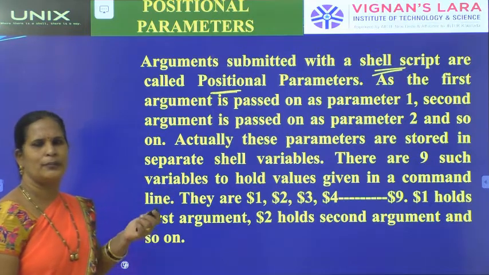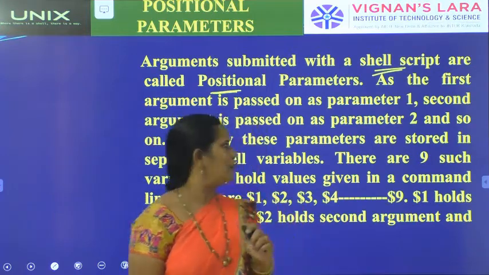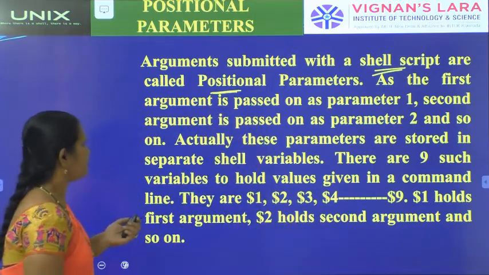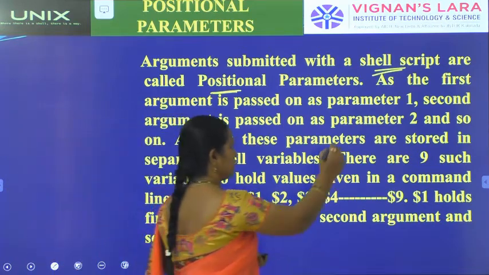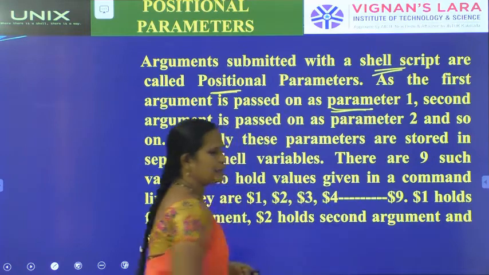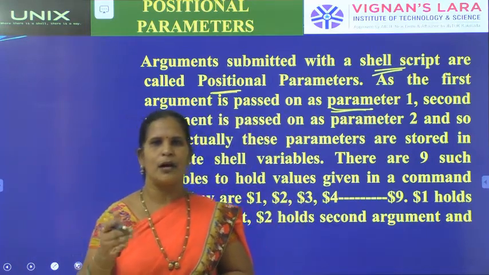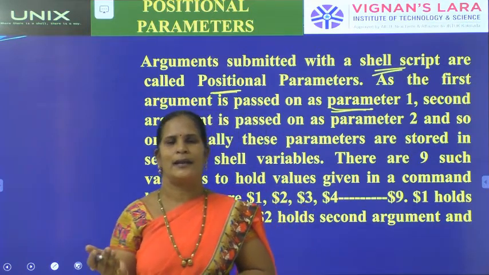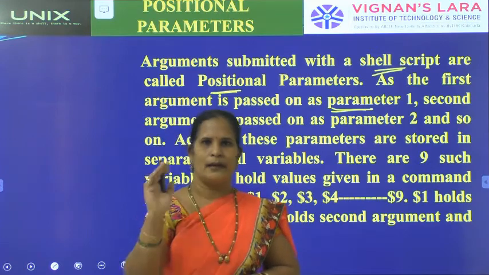One of the very important topics in the third unit is positional parameters. The first argument is passed as parameter 1. These parameters range from $1 to $9. $0 indicates either the file name or command name, and the parameters are from $1 to $9 only.